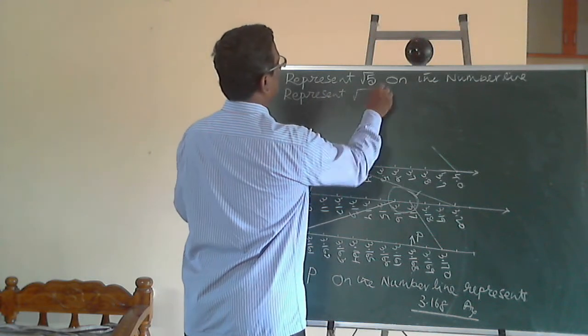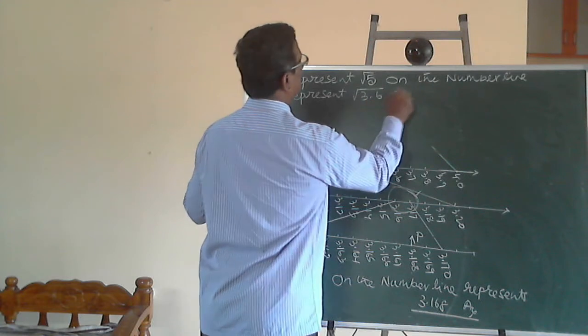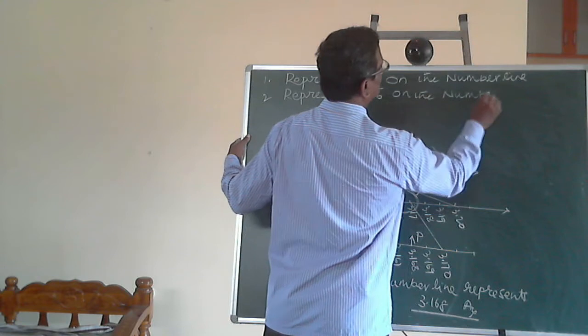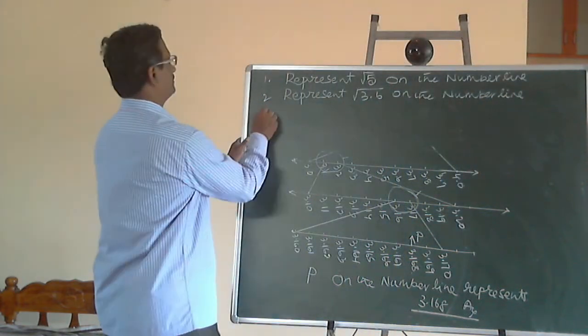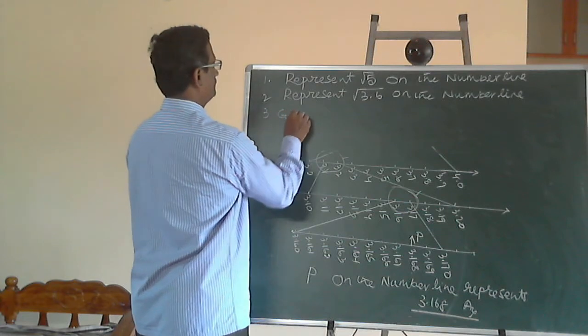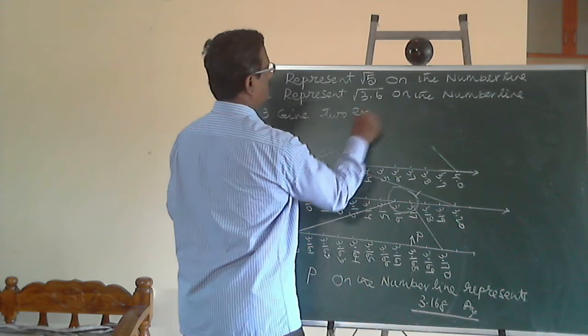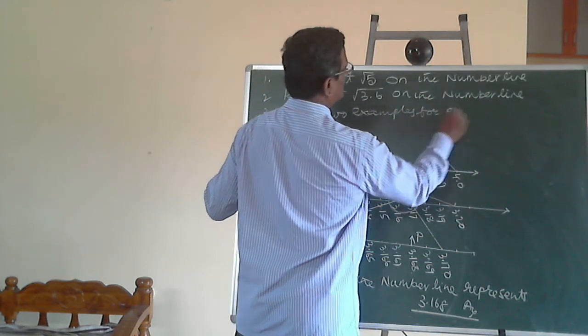Represent root 3.6 on the number line. These two are constructions, and the third one is to give 2 examples for each.